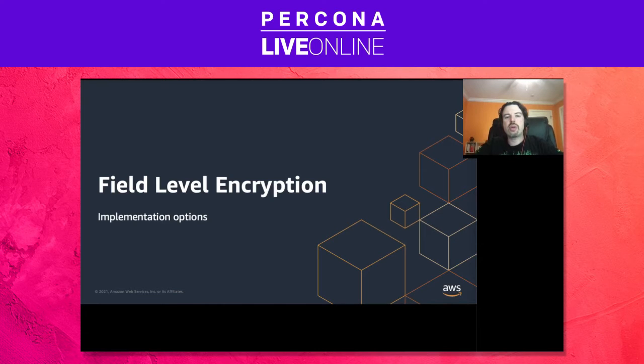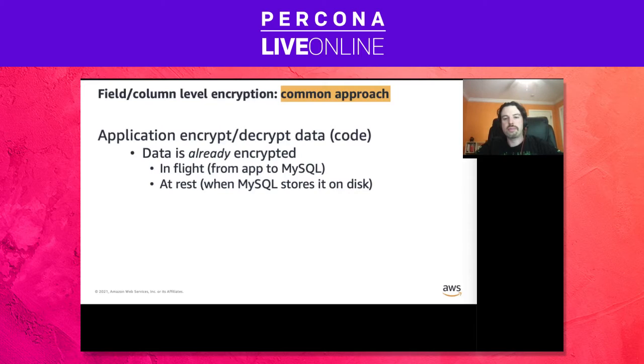So now I will talk about the field level encryption and some of the implementation options. So again, when the application encrypts and decrypts data in the code, the data is already encrypted. So we don't need to worry about data in flight or data at rest.